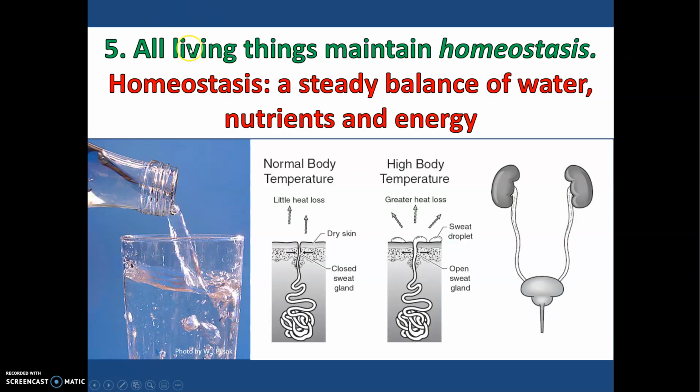And then lastly, all cells or all living things must maintain homeostasis. And homeostasis is a steady balance of water, nutrients, and energy. Here it shows us what happens and how the body maintains homeostasis when the body temperature increases. So here we have normal body temperature.